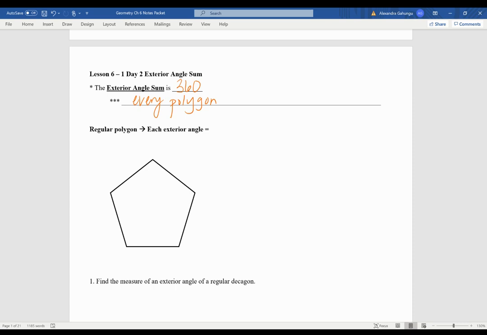And since the sum of our exterior angles is 360, if we want to find each, we would take 360 and divide it by n, where n is the number of sides of our polygon. So if I had this pentagon here and my exterior angles, we're going to list them, just the sum of my exterior angles, so there's angle 1, 2, 3, 4, and 5.